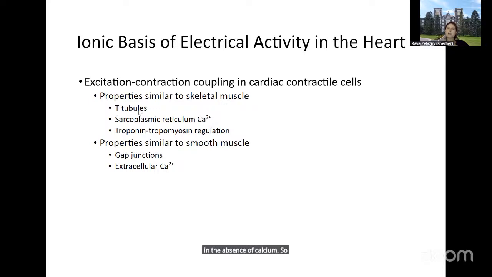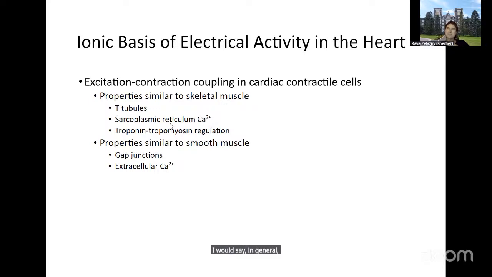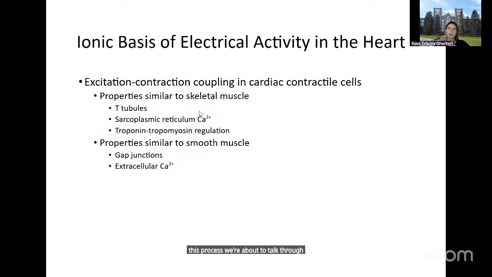So that's all going to be similar to skeletal muscle. I would say in general, heart muscle looks more like skeletal muscle, at least as far as this process we're about to talk through goes.